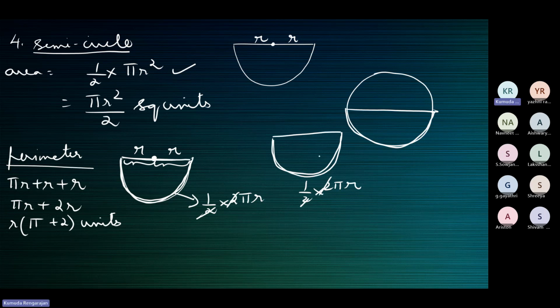It has this arc whose length is pi r, and this line segment whose length is r plus r. So the perimeter of the semicircular region is pi r plus 2r, r common, r times pi plus 2 units.